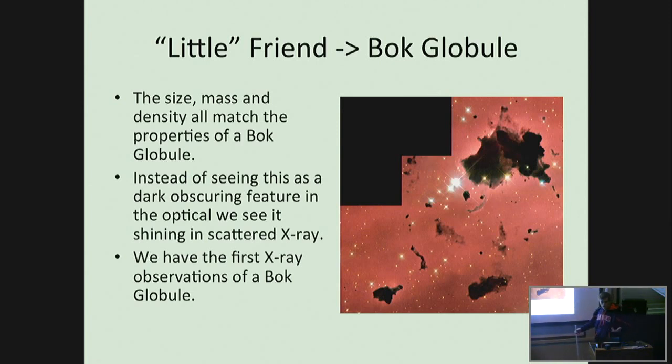Their temperatures are on the order of 10 to 20 K, so they're cold. So you're getting X-rays from this source because it's scattering from a very cold source. And this is also where you usually see evidence for star formation. So we are basically seeing an X-ray detection of a Bok globule. And you often get other little structure associated with it.